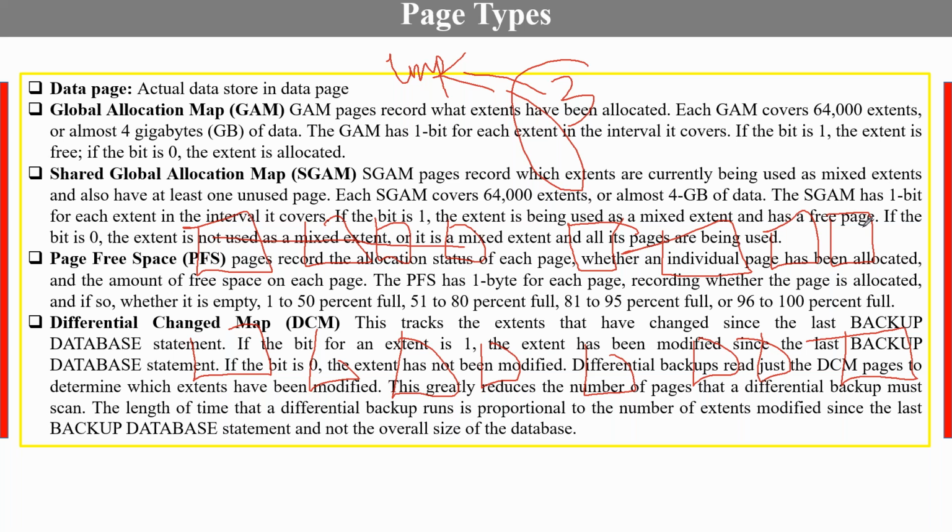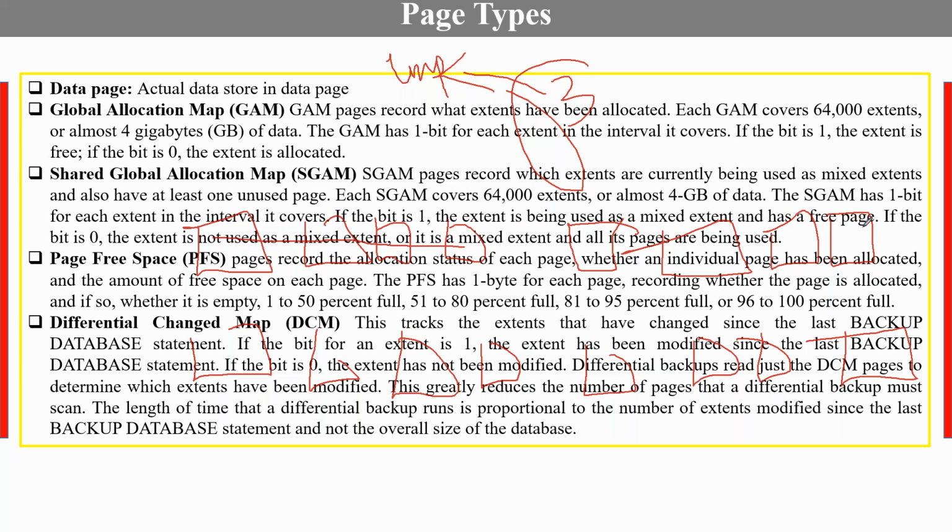Getting my point? Then where are you tracking whether an extent is completely occupied or has some free space? I am tracking the database on the PFS page. But what about the extents? Where are you tracking how much free space is available in each extent? GAM page? Yes or no? Sorry, SGAM, sir, SGAM.